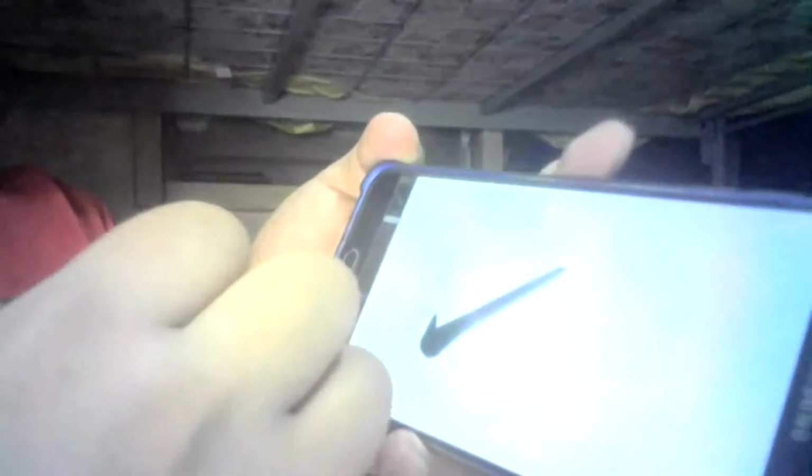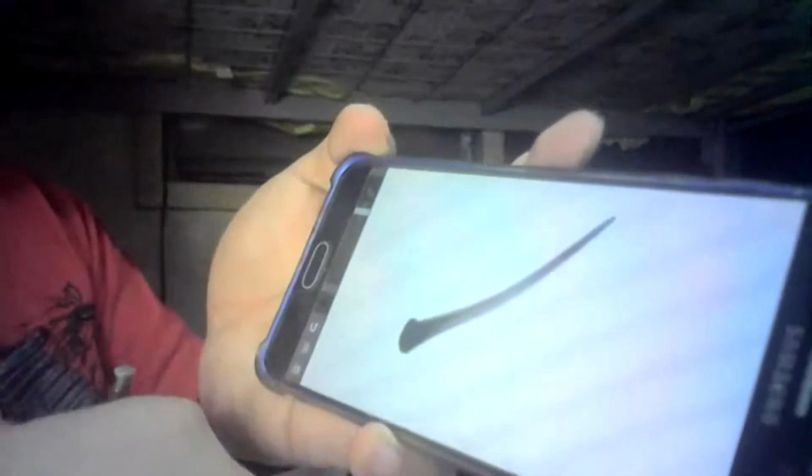Ito, medyo maliit, pero kung medyo malaki, ayan. Parang check mark lang actually. I hope you're seeing it. So that's number 6.